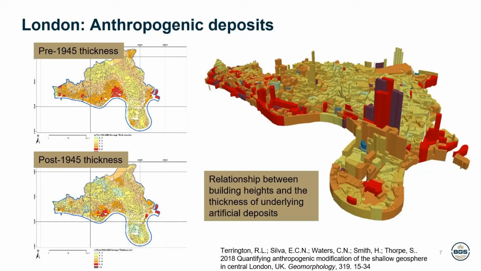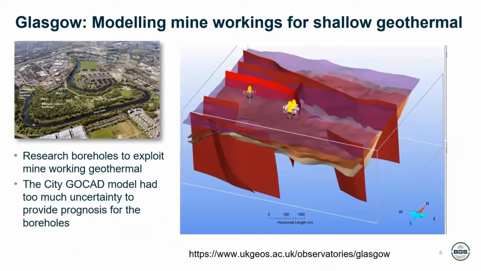So basically, these were areas where previous rivers have been built on, built over and culverted, and if you knew where those old watercourses are, that was often where some of the thickest deposits of man-made ground were.